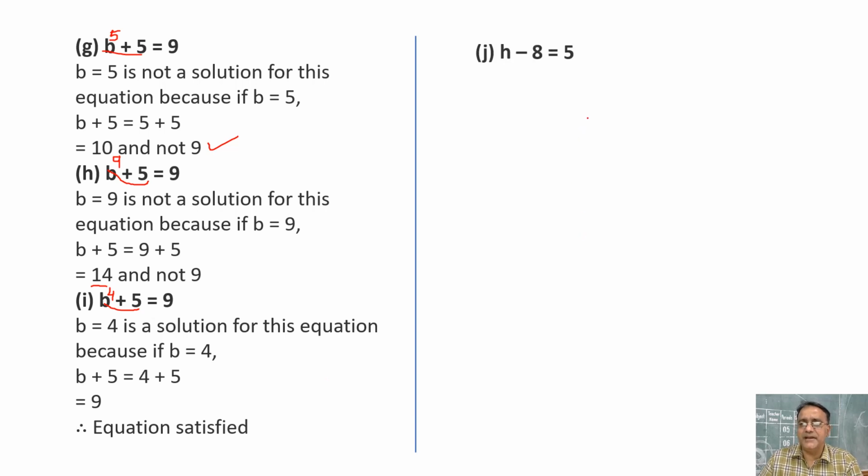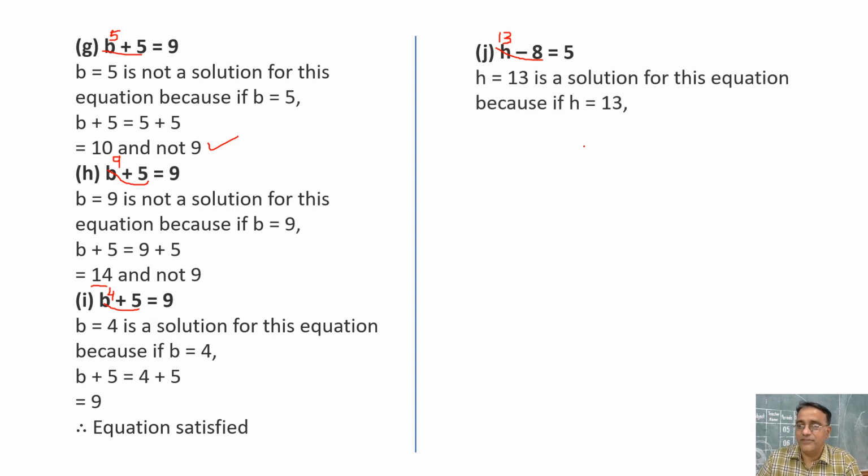Next, h - 8 = 5. The value of h is given as 13. 13 minus 8 is 5. So therefore h = 13 is a solution for this equation, because if we substitute h = 13, we are getting LHS equal to 5. That is equal to RHS.